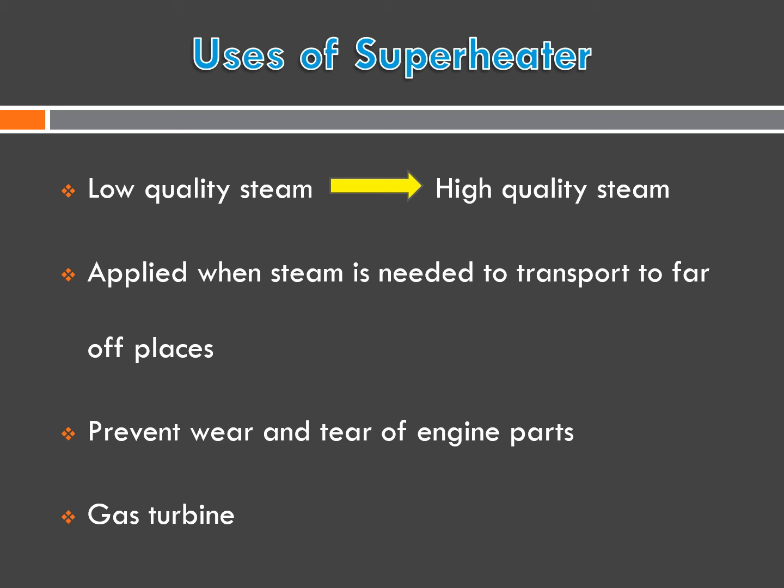As we move forward, a superheater usually prevents the wear and tear of engine parts because it will try to prevent moisture content in the steam. As we mentioned in the first point, when there is moisture content in the steam, the average operating life of a turbine will decrease.